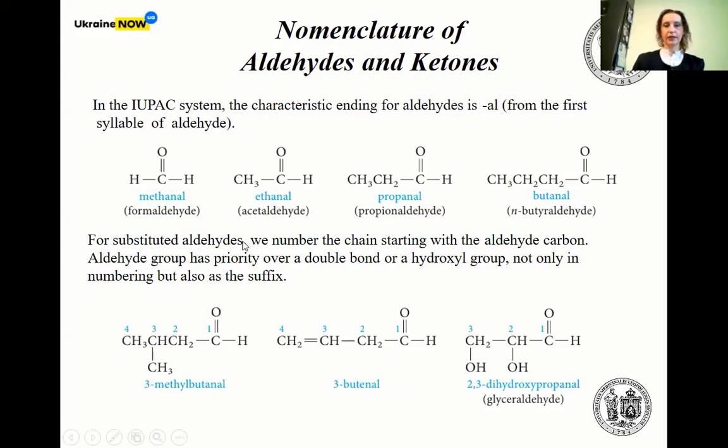But many aldehydes have trivial or usual names depending on the names of appropriate acids or depending on the source. For example, formaldehyde is named because there is formic acid. Acetaldehyde is derived from acetic acid, and so on.